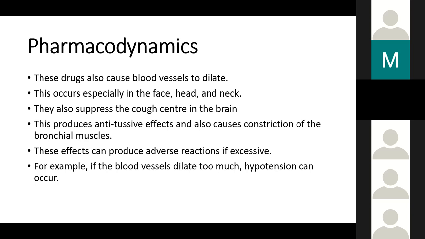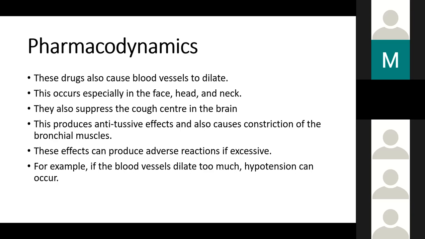So for some of the cough syrups, you realize that they may have some codeine or some morphine in there. A lot of the time it's codeine that you see. And the reason for the codeine is because it has an antitussive effect. So this can also contribute to the side effects. So for example, if the blood vessels dilate too much, you can have hypotension.